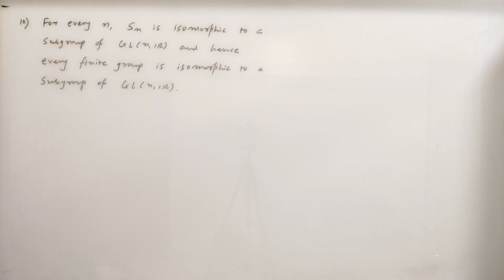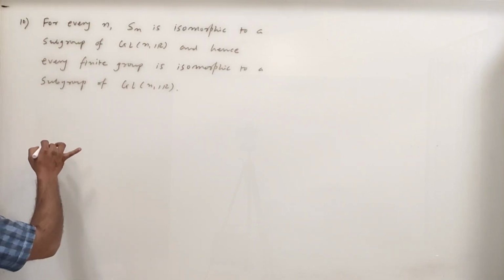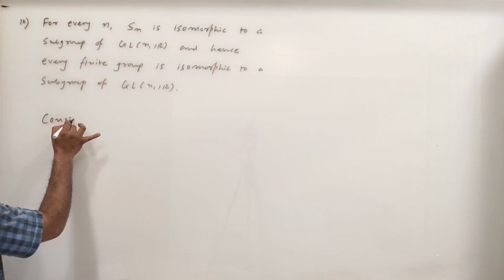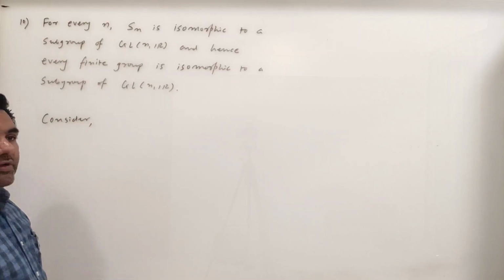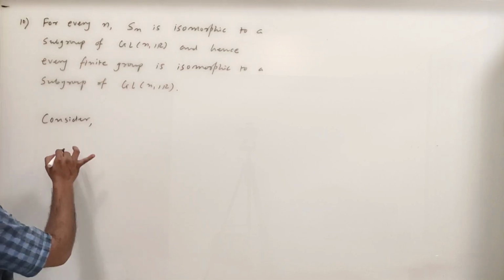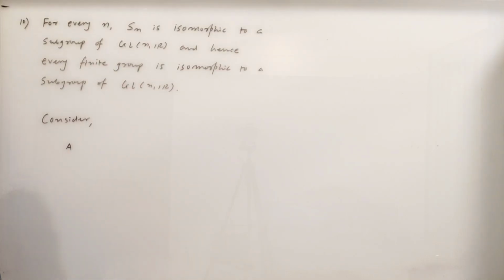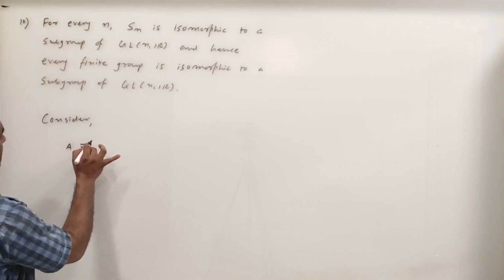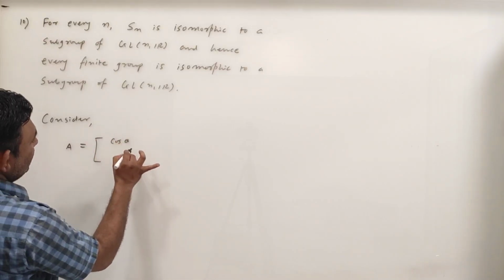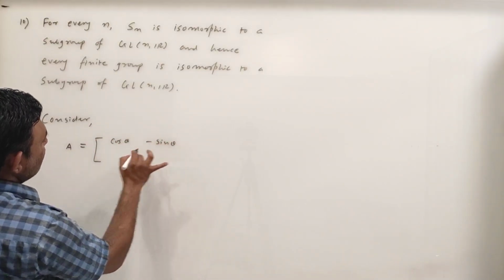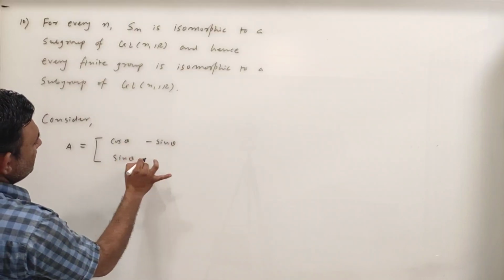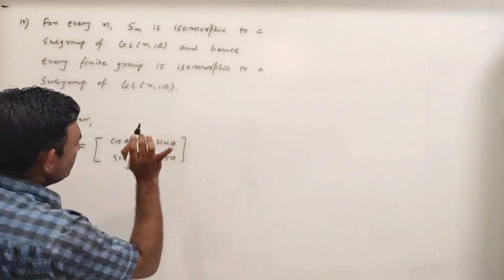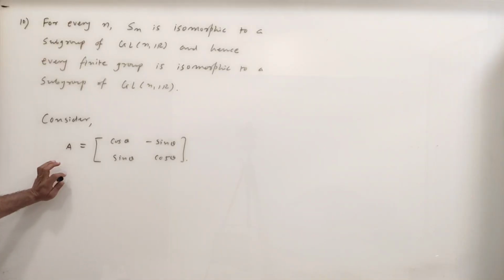Now consider a matrix A, with entries cos theta, minus sin theta, sin theta, cos theta. What will be A square?